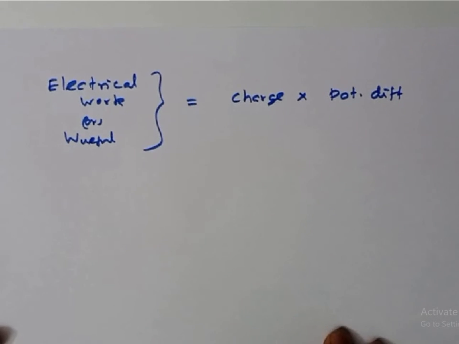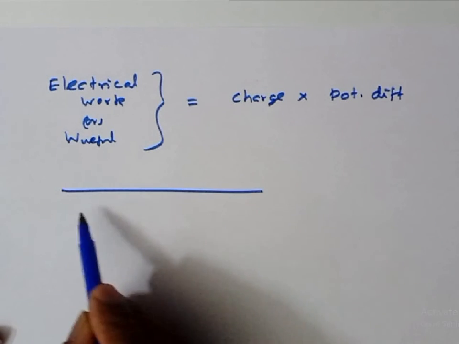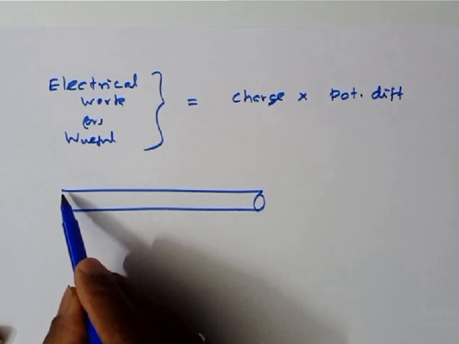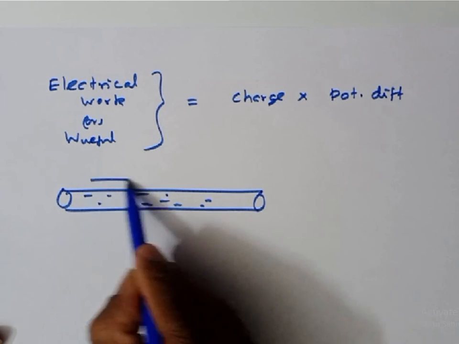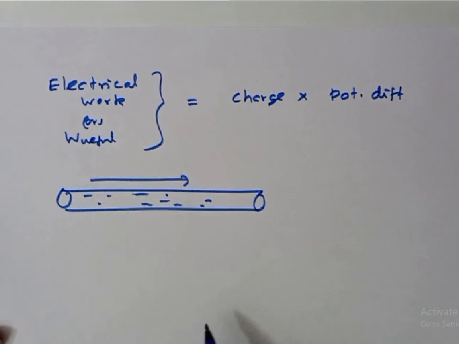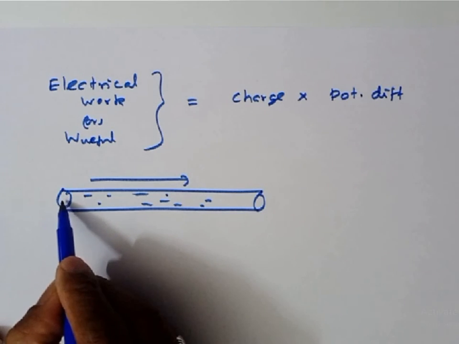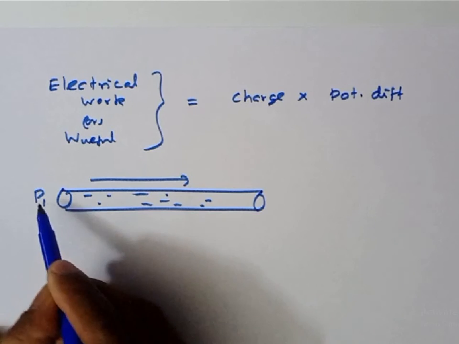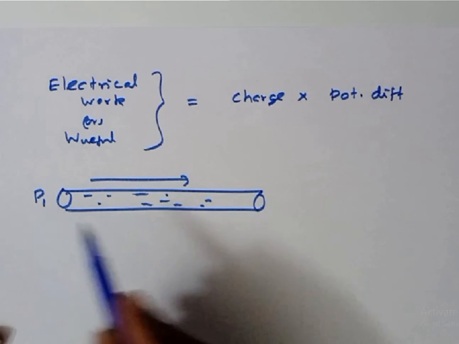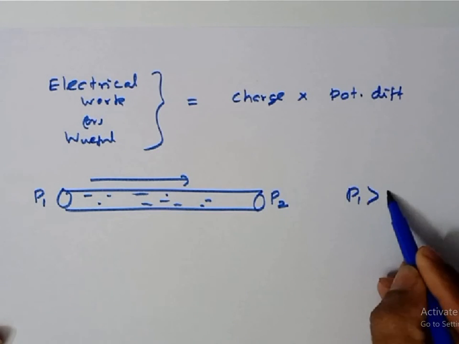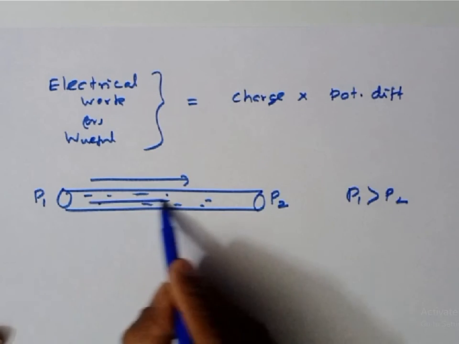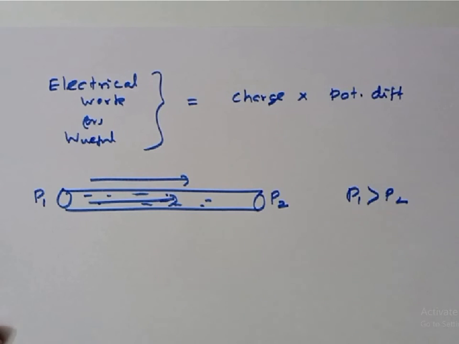Students, observe carefully. Suppose I take a pipe. Along this pipe, suppose I have water here. If you want water to flow in this direction, you need to apply some pressure here. So pressure at this end, let me write it as P1, and pressure at this end is P2. If P1 is greater than P2, then only water will flow from left to right.